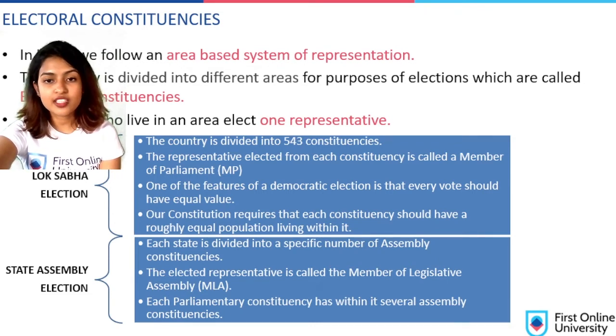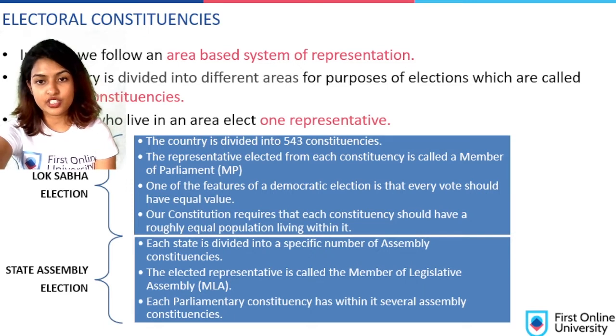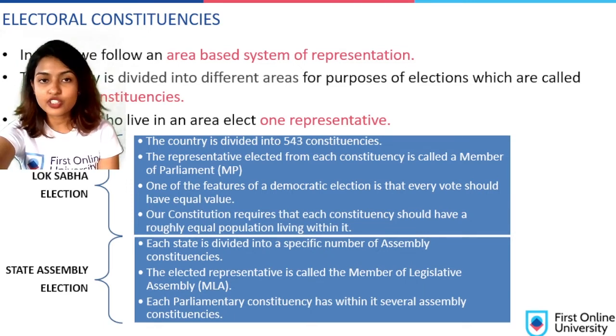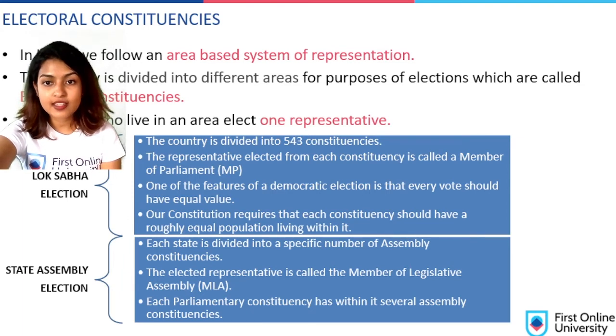Then let's get into the Vidhan Sabha or the state assembly election. In this, each state is further divided into different constituencies. Just like 543 constituencies for the entire country, different constituencies are formed for the state. The elected representative from each constituency is called the MLA, that is Member of Legislative Assembly.